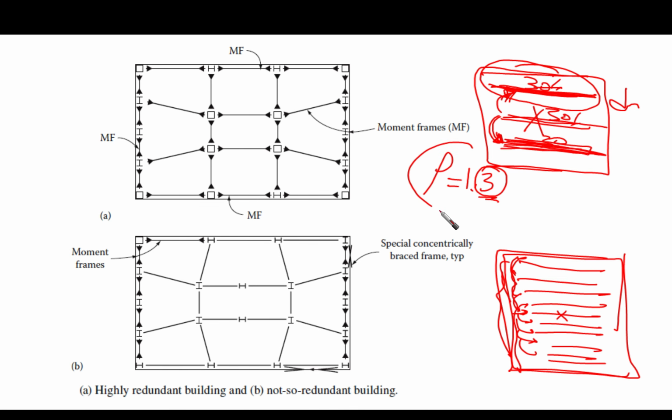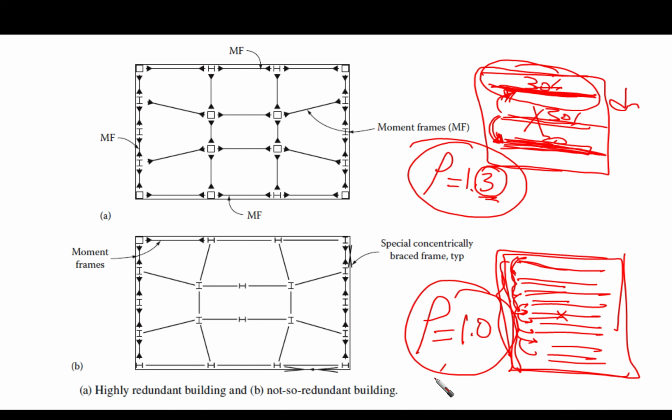So in this case we are going to assign redundancy equal to 1.3. However, if it is redundant and no element carries more than 10%, for example, of the total traffic, then there is no need for the increase of the other components. So we're going to use only 1.